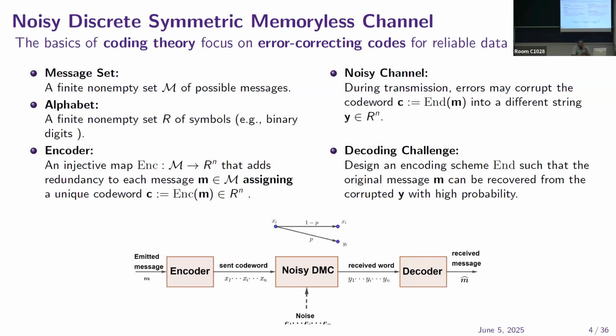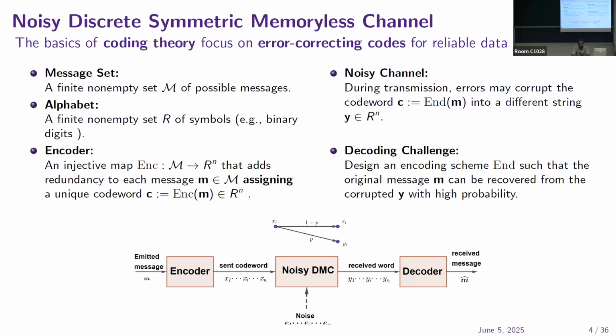Denote R the set of symbols. When the cardinality of R equals 2, we are talking about the binary channel. The elements of this alphabet are 0 or 1.